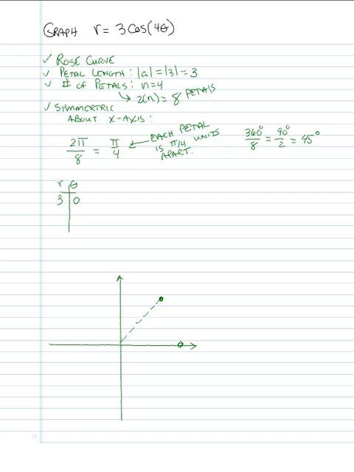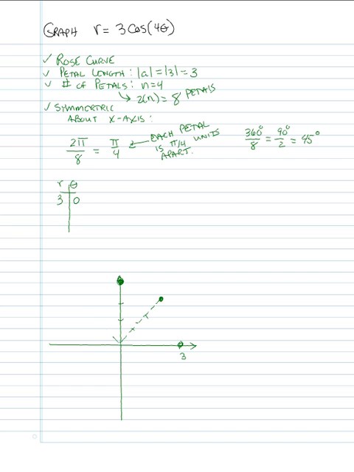We go another 45 degrees, now we're at 90 degrees, or pi over 2. We go out 3 units along that direction. There's our 3 units. We go another pi over 4, or another 45 degrees.